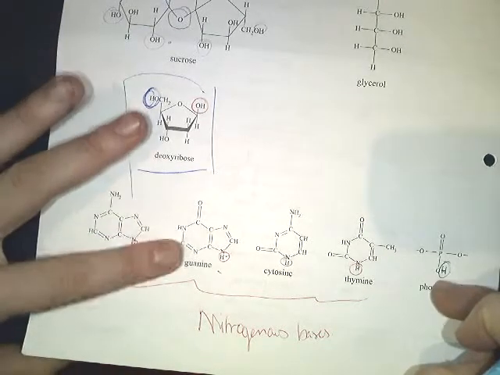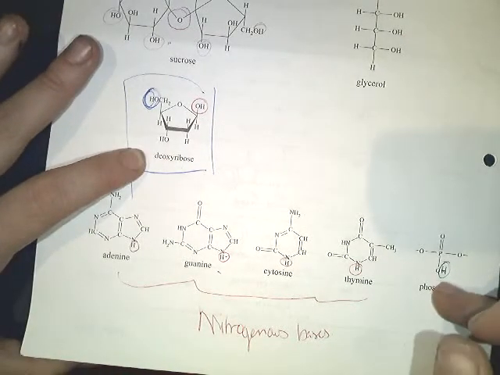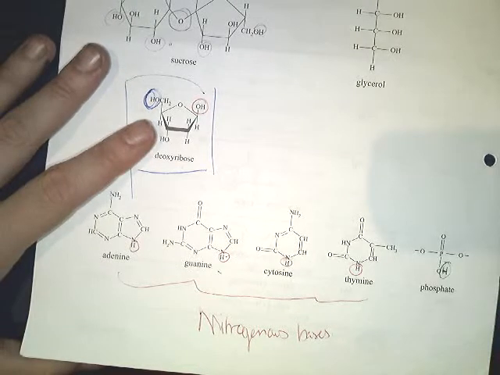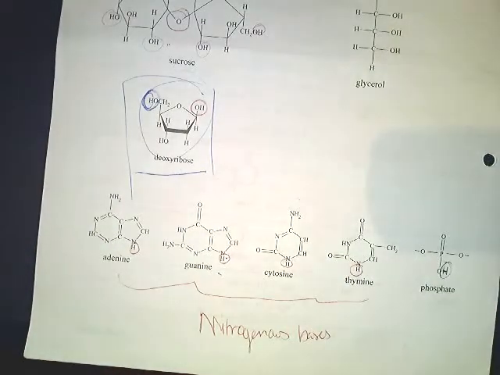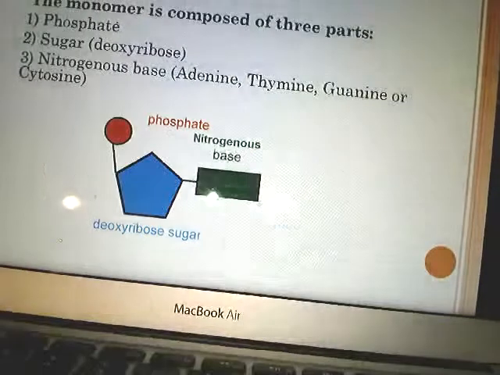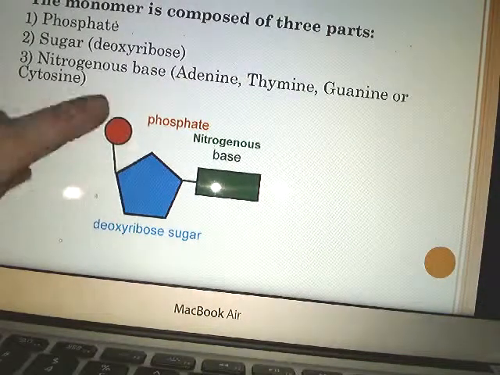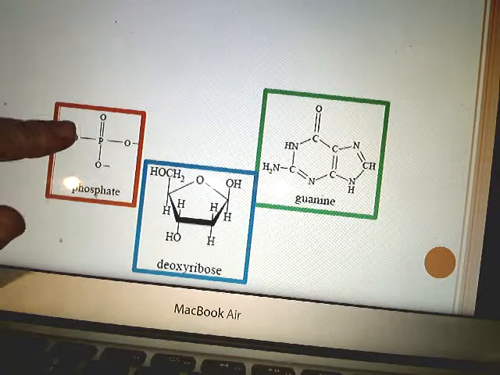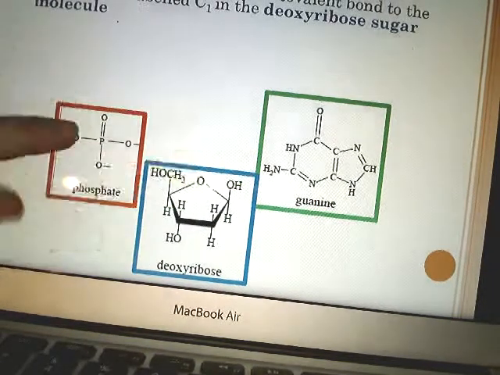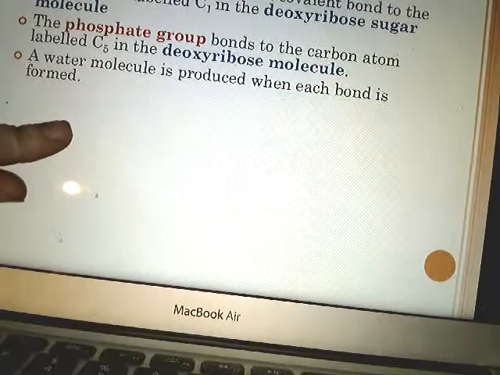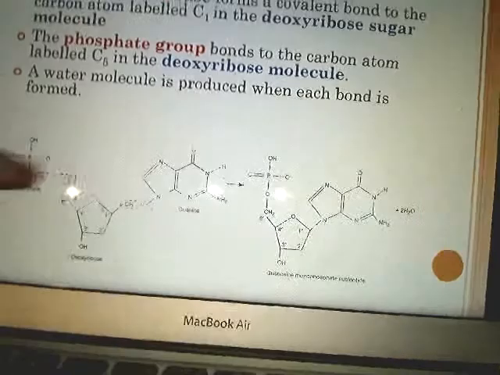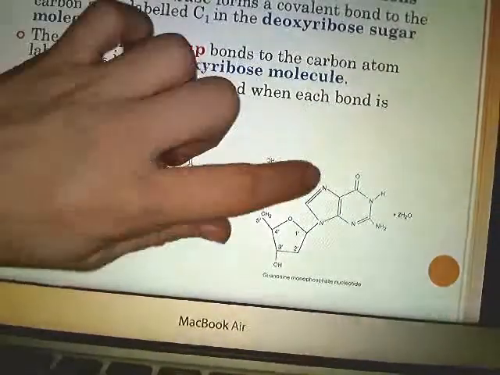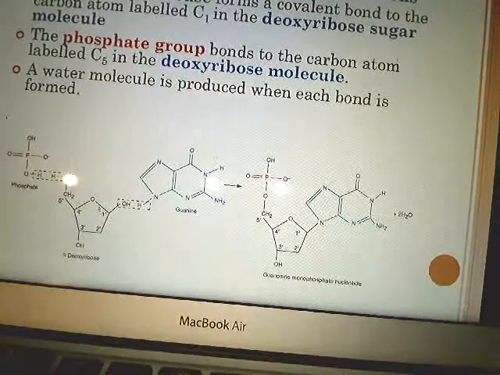So the phosphate and the base bond to the deoxyribose. The way my year 10s remember it is the sugar's in the middle. It's like a sugar daddy. It's connected to both of the specific components. So like that, the deoxyribose in the middle, the phosphate and the base, and then represented from your data book here and shown here. Therefore, 2 water molecules are lost when we make a nucleotide, which is just the monomer.